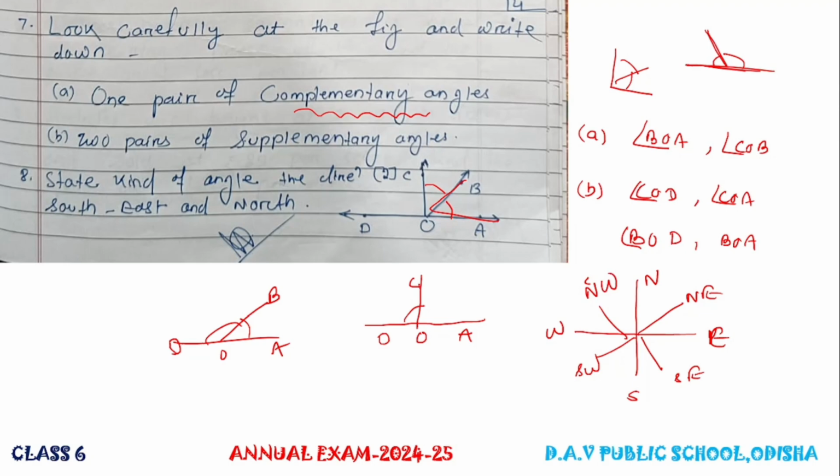Now find the angle between southeast and north. Where is southeast? Here southeast and north, means this angle. So this angle is an obtuse angle, yes or no? Because it is more than 90, that's why the answer is obtuse angle. Clear?